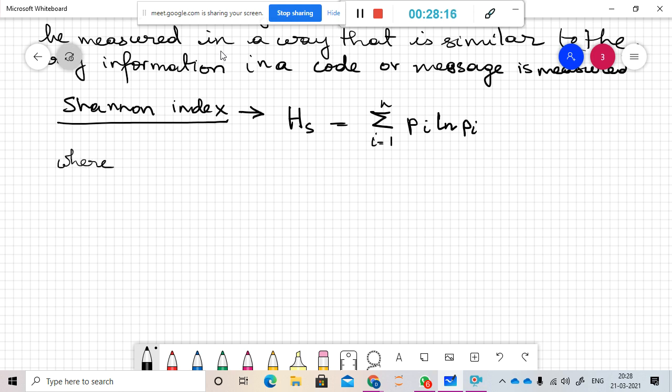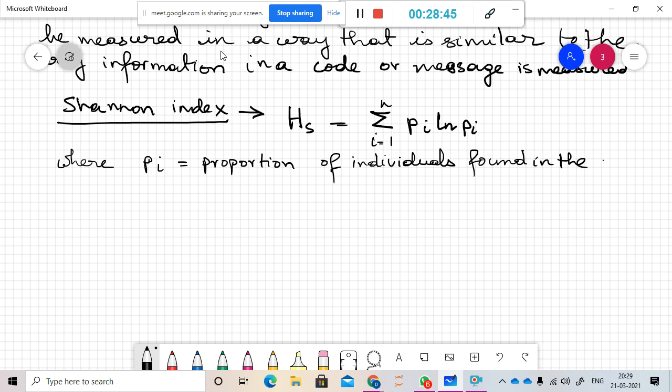Here Pi is equal to the proportion of individuals found in the ith species, like species A, species B, species C. The ith species is the species under consideration.